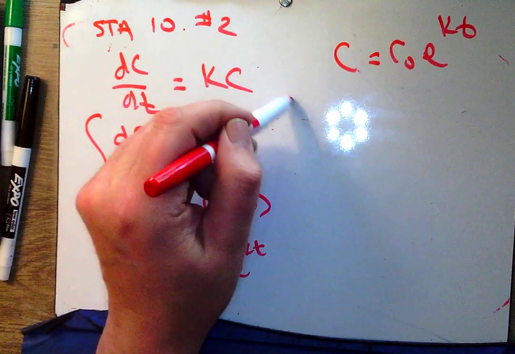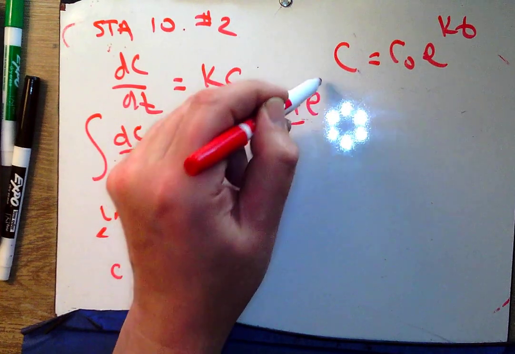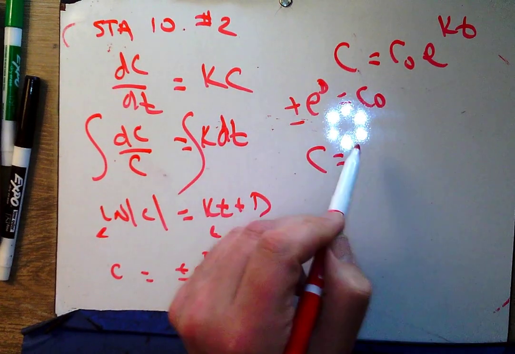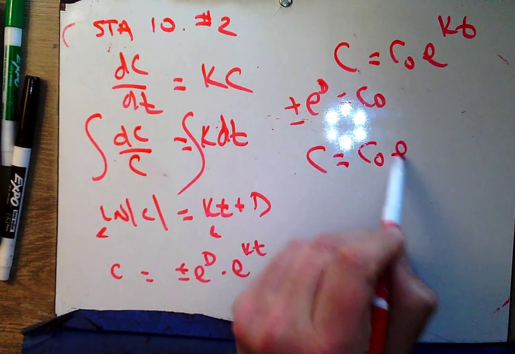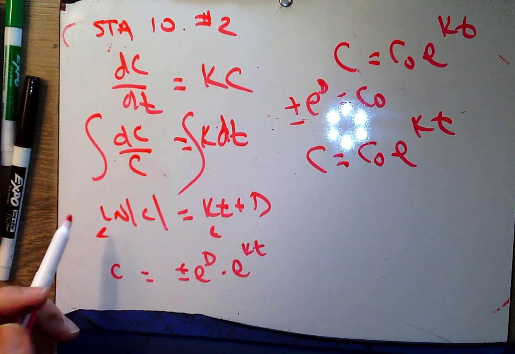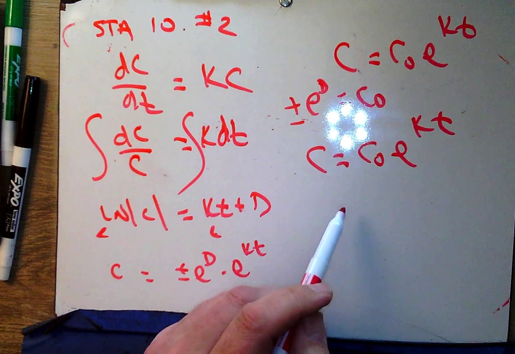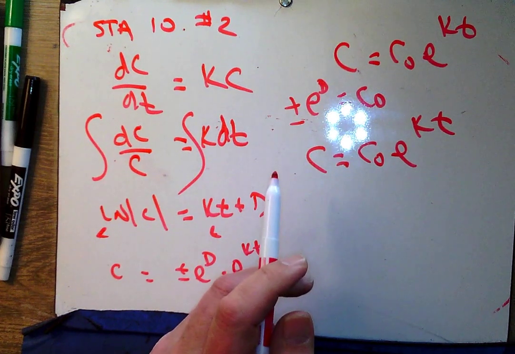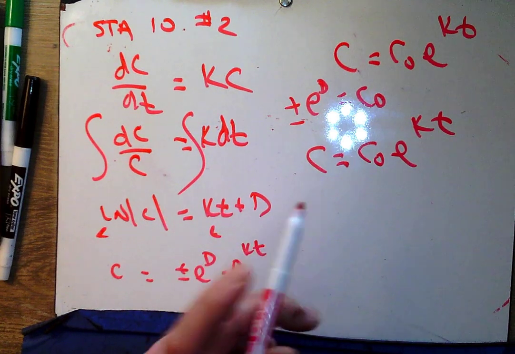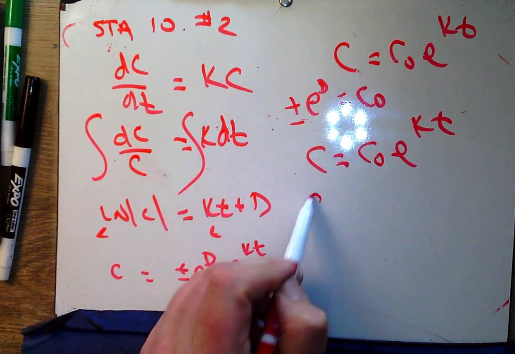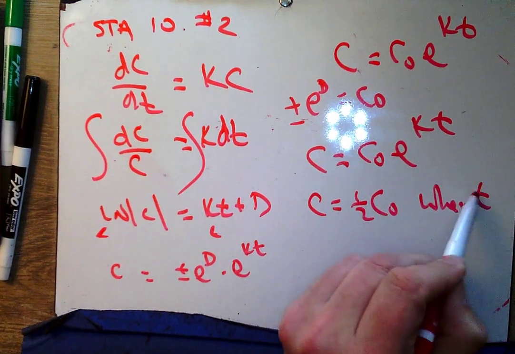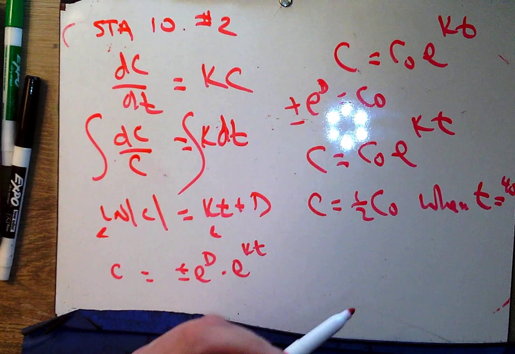And let's say that plus or minus e to the d equals c sub o. And we can say c equals c sub o e to the kt. All right, so there's my model. And they want to know when only 8% of the original amount remains if we generally process half of the drug in 40 hours. So C is half of C sub o when t equals 40.